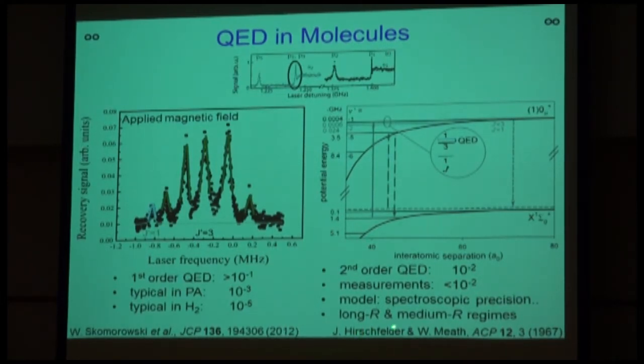So we can test this QED contribution versus the size of the molecule. And there's some old work that's very commonly used, I think, to calculate QED for long range and medium range. And there's a theoretical transition for how to calculate it for one regime versus the other. But I don't think it's been experimentally observed that that's actually valid. But we're getting into the precision where this becomes really important.